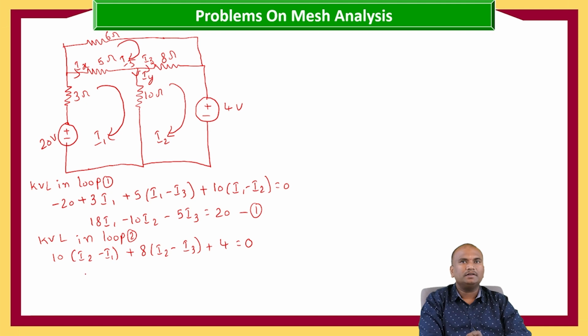That is minus 10I1 plus 10 plus 8, 18I2 minus 8I3 is equal to minus 4. This is our equation number 2.